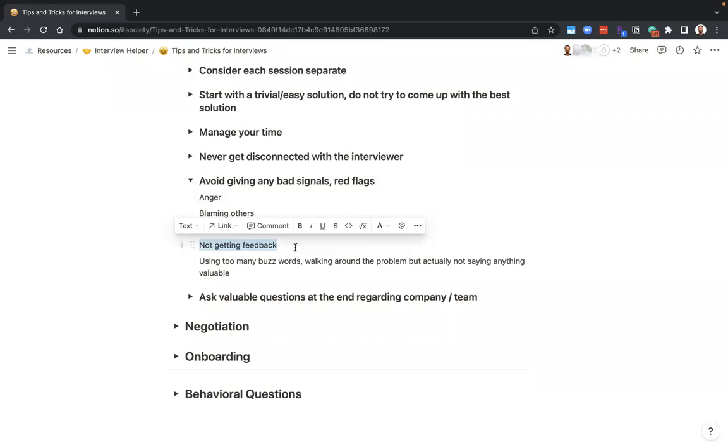If you are not getting any communication from your interviewer during the session, this also shows that, as Tahsin told, in the future, if you work for this company and design something with your teammate, you will not get feedback. You will do whatever you want and you will not get comments or feedback or pushback from your teammates, and this will cause huge conflicts within the team.